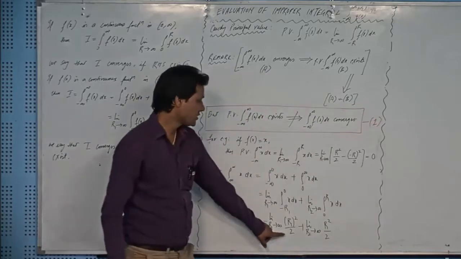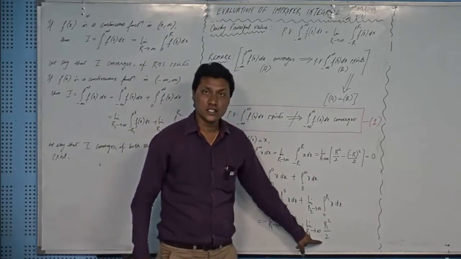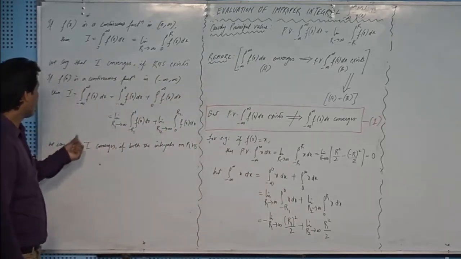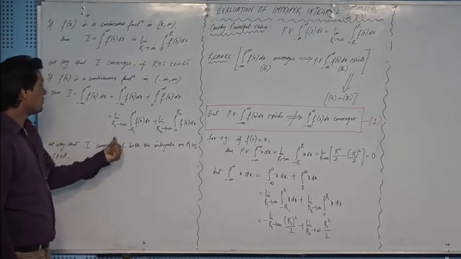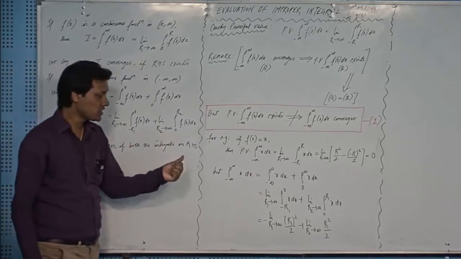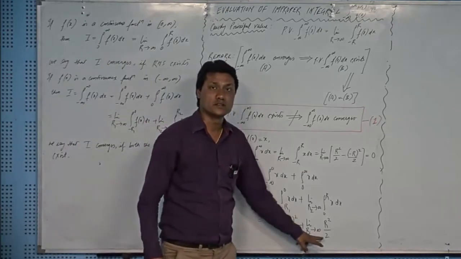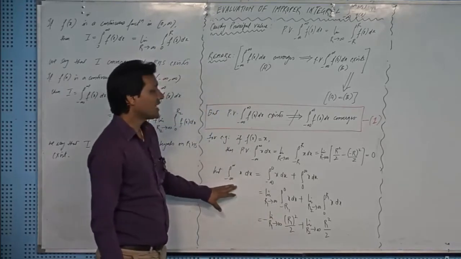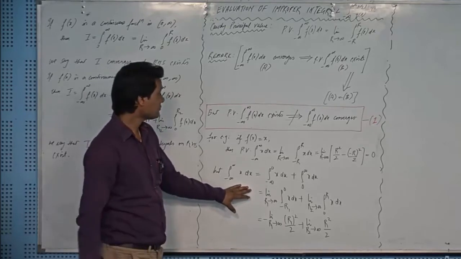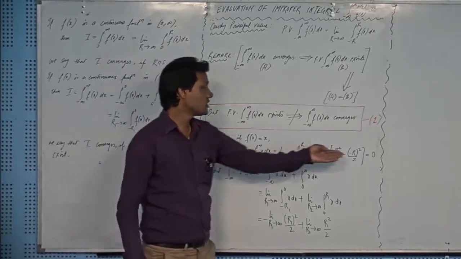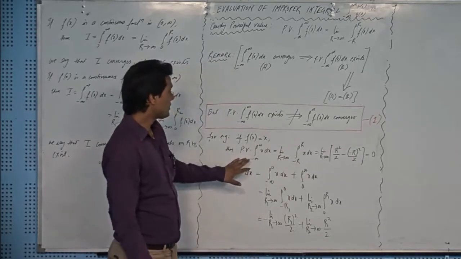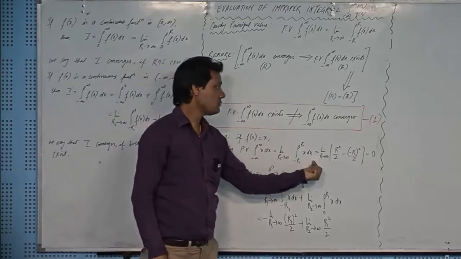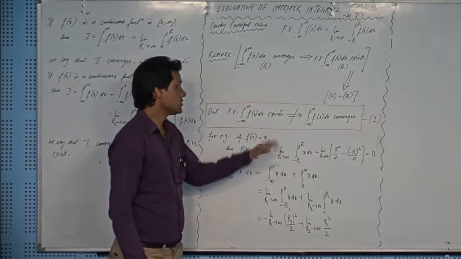And since this limit doesn't exist, so we cannot say that this integral converges, because we say that this integral converges if both of them exist, and we can see that both of these limits are not existing, they are approaching infinity. If you plug R1 tends to infinity, you will get infinity square. It means that this integral actually doesn't converge, but we are having a principal value of this integral, and that is equal to 0. So this is a supporting example to prove this first condition, when this principal value exists, but we cannot say that the integral converges.